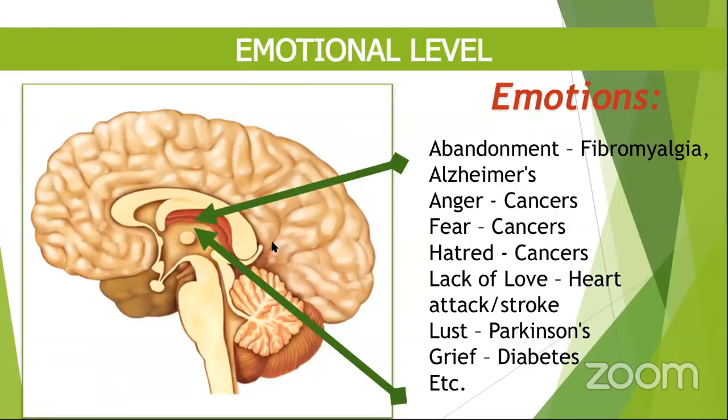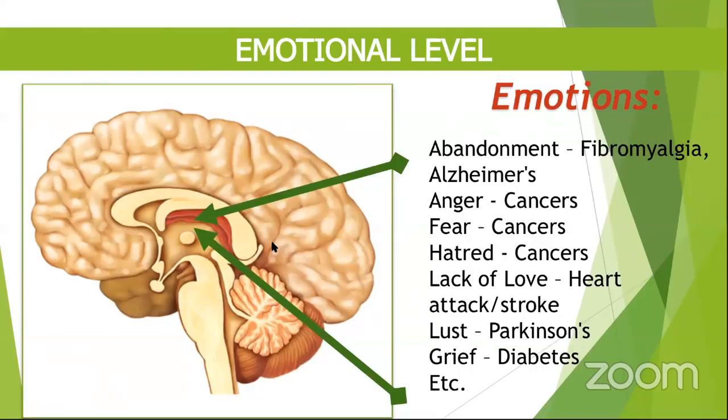Because if people don't address that, they will create that problem again. So when you accept those emotions, you deal with that. That's the only way you can erase, so to say, that problem in your brain, and it won't create those changes in your body.